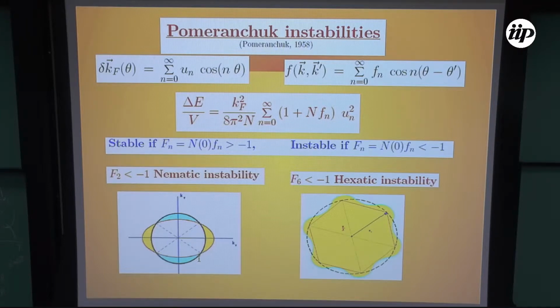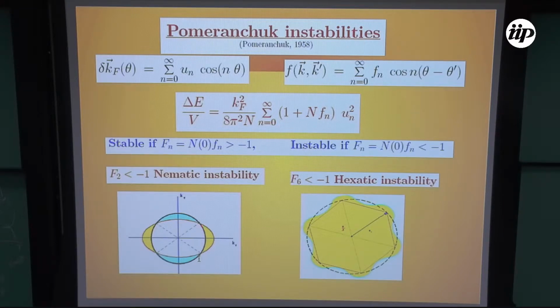Well, this is standard. The problem is that if in some channel the interaction is sufficiently attractive, this F is negative, you can have an unstable channel, where you have an inverted oscillator. And if this happens, your Fermi surface blows up. Well, the Fermi surface doesn't blow up. What blows up is your theory. But what you can imagine is happening is that you get a permanent deformation of the Fermi surface, and the form depends on what channel of angular momentum you are breaking the symmetry in.